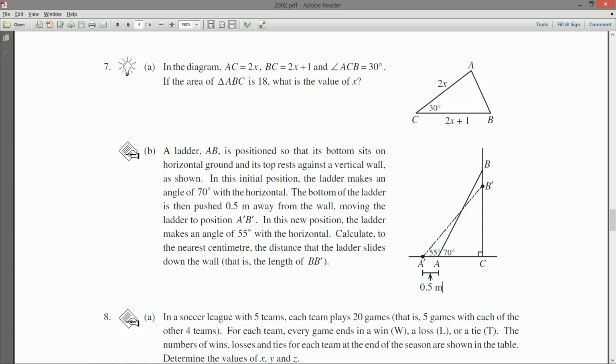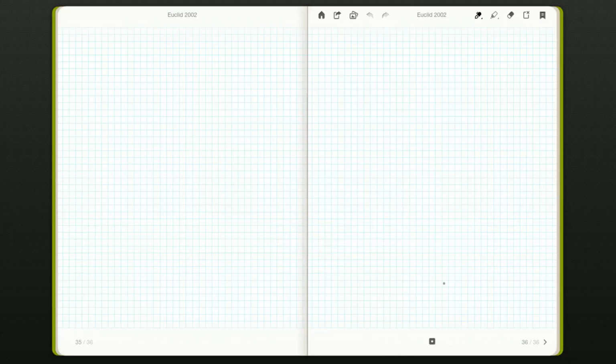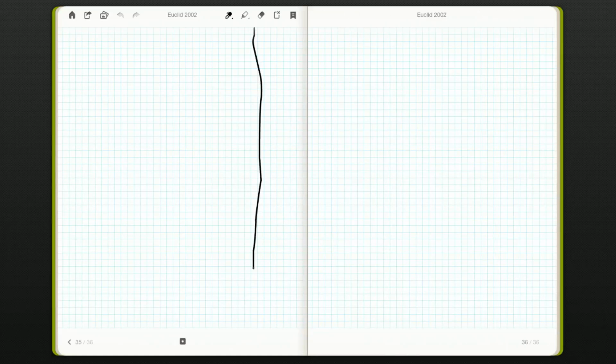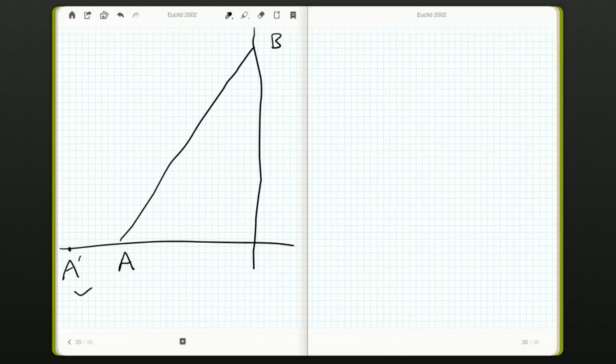That way we're keeping it in the units they want. They want nearest centimeter, so let's only work in centimeters. So we have B and A, and then it gets pushed out to A prime, and this distance here is 50 centimeters.